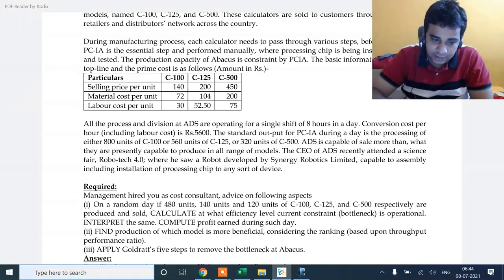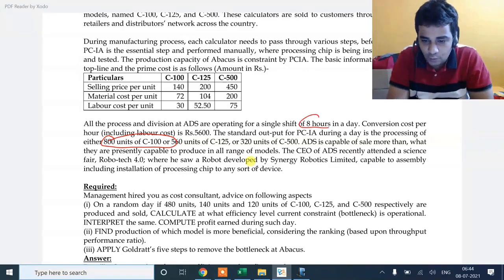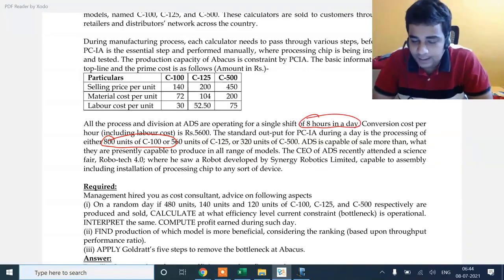Now listen, you can produce 800 units in 480 minutes. 800 units of C100 or 560 units of C125 or 320 units of C500.